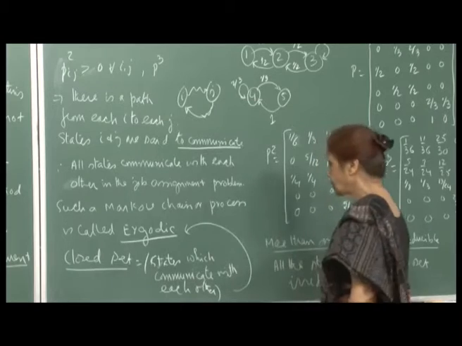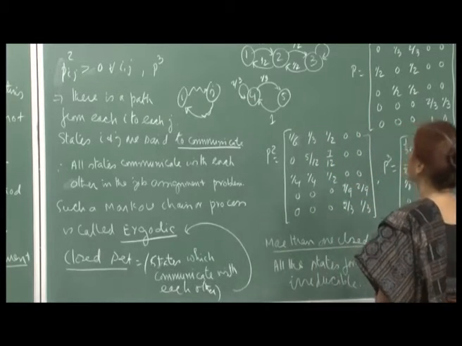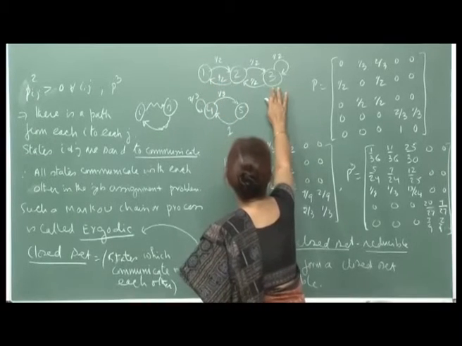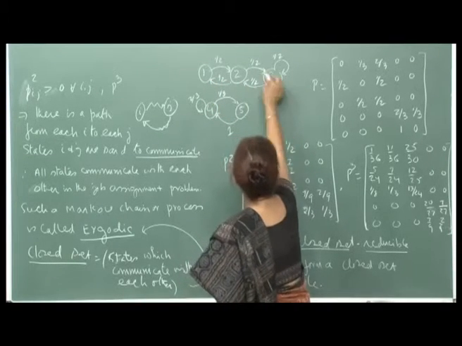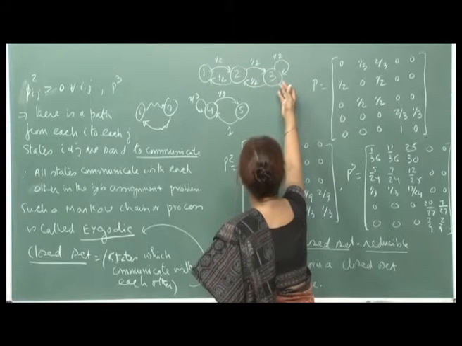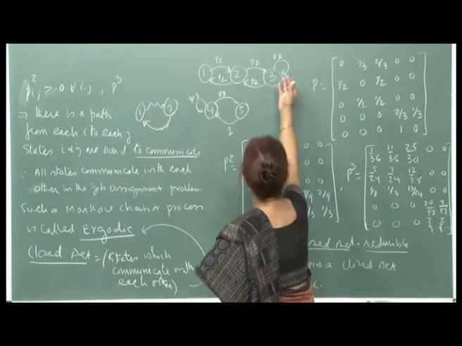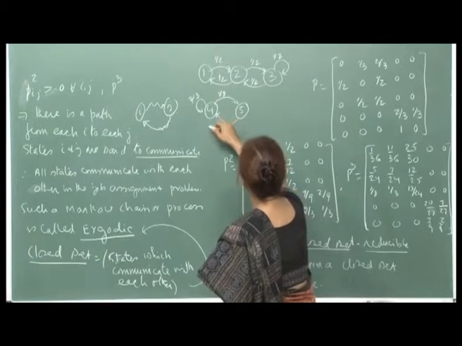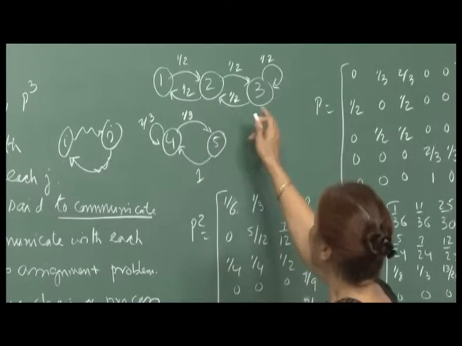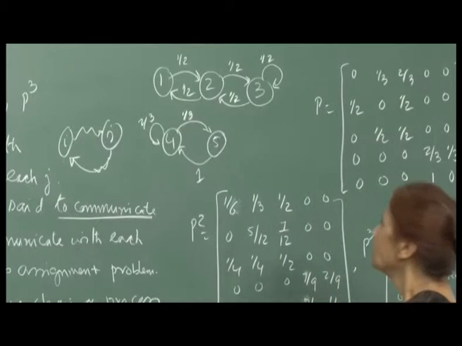And now let us look at this example here. This is your transition diagram. You can see that 1, 2 and 3 all communicate with each other. There is a path from 1 to 3, from 3 to 2, 3 to 1 and so on, and there is a path from 4 to 5 and 5 to 4, but there is no path from 1, 2 and 3 to 4 and 5, right.